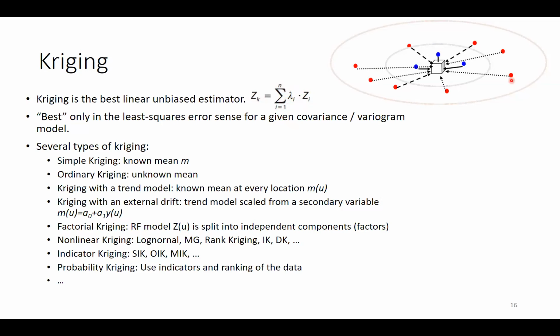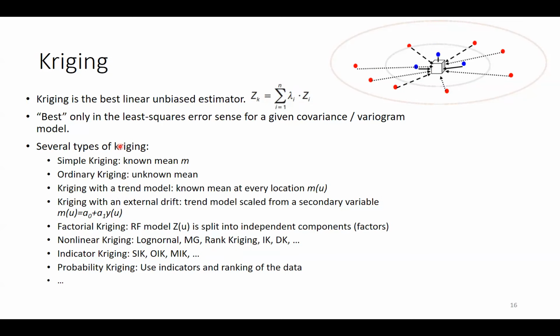Observations are around or in the neighborhood of the point or location or block that we are going to estimate. Why do we call it unbiased? Because in ordinary Kriging, the summation of lambdas is 1, so we are not going to over- or underestimate the value.